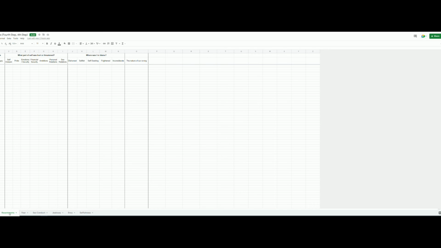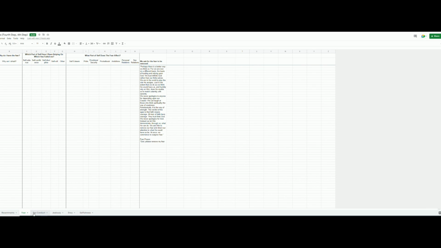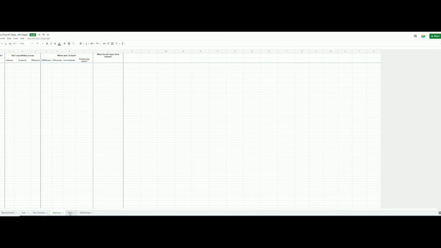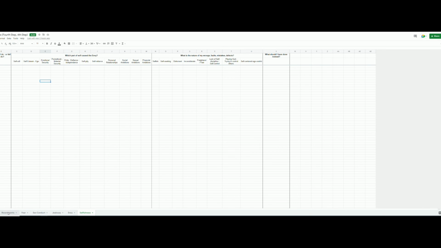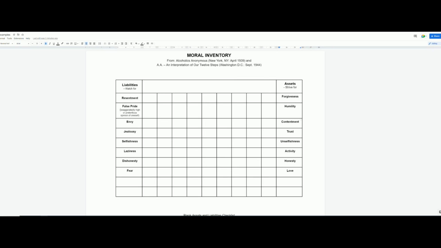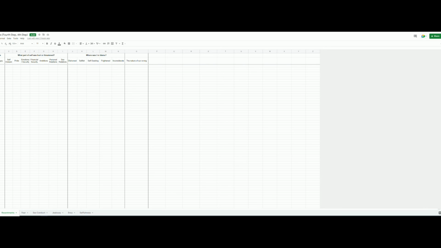It is basically, we've got the separate tabs. Let's start with resentment. Again, it's very similar to the moral inventory example from back in 1944. We've got the resentment, so we're in resentments. Mr. Brown again.